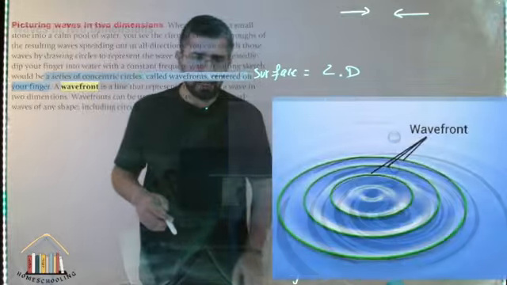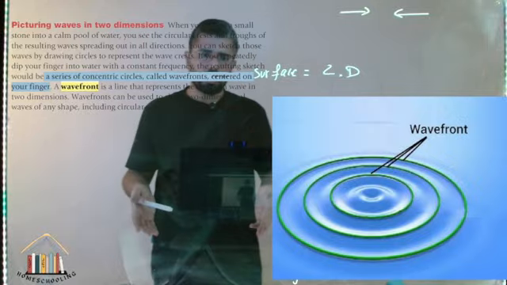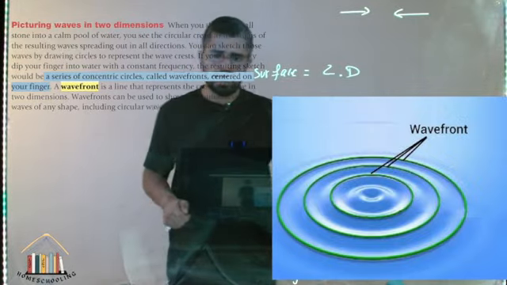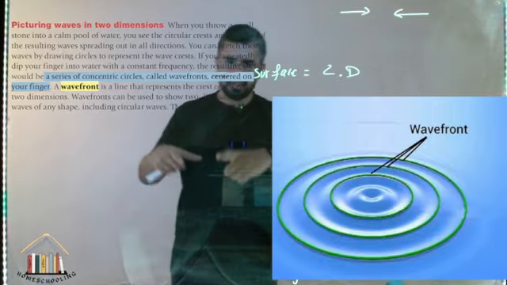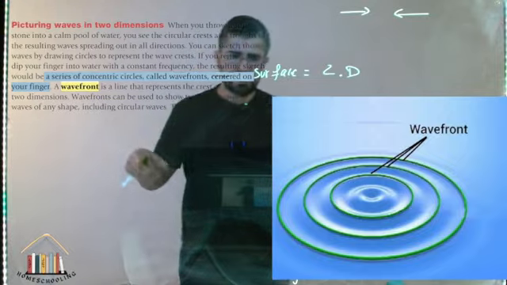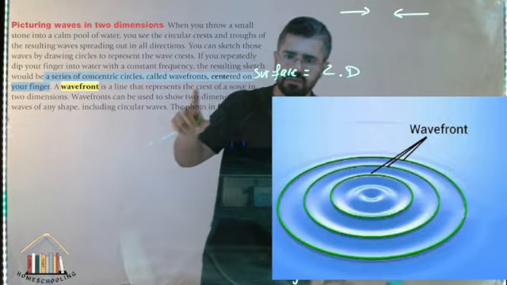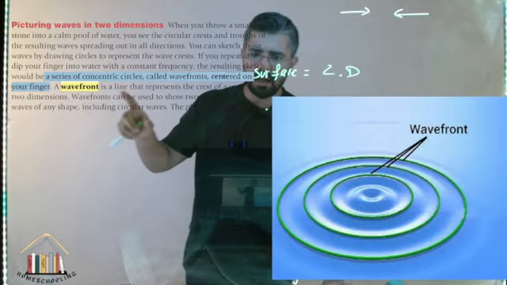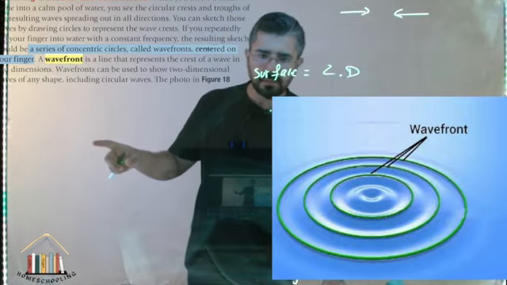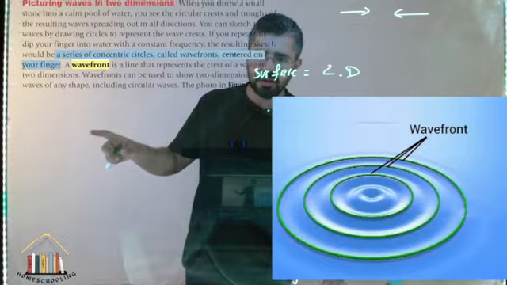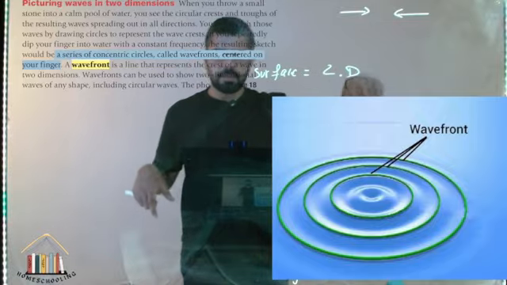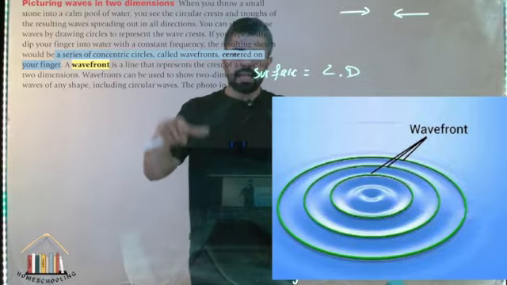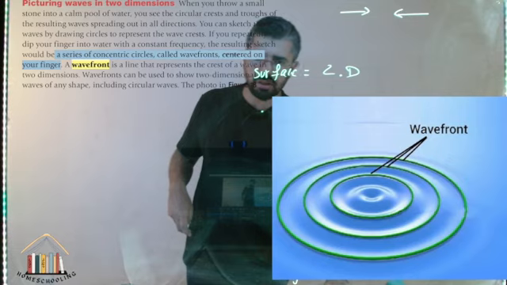This is what we call a wave front, the top of the wave. It's a series of concentric circles. You notice they are circles. Each circle is bigger than the other, called wave fronts. They are centered on your finger. So from the middle of your finger you create ripples, and the ripples are called wave fronts.